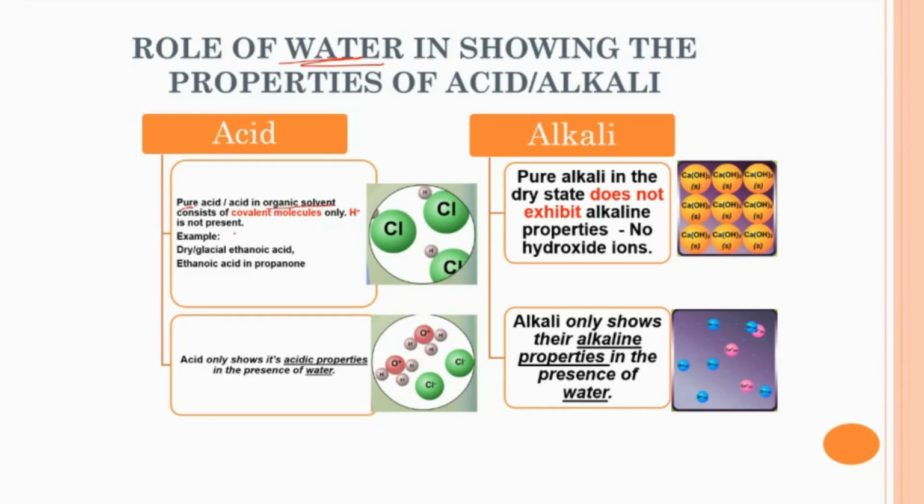How do you know it's pure? For example, you will see this word glacial. Glacial means pure or dry. Another one is ethanoic acid in an organic solvent like propanol. This one has no water, so it cannot show the acidic properties. Then for alkali, also the same. It cannot show the alkaline properties.